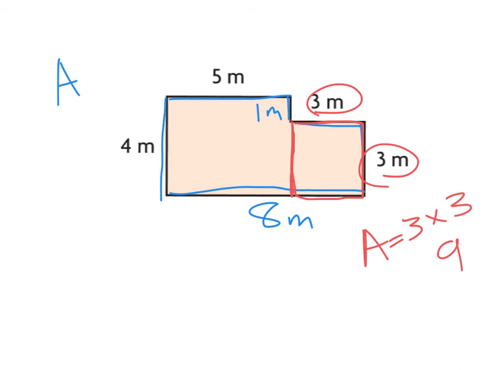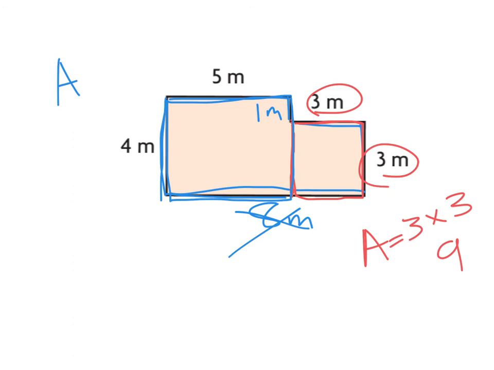I'm going to go back to my blue, though, and I'm going to say, okay, in this area, this is more of a rectangle. And so now I have to think, even though I found missing sides, I'm just looking at my blue rectangle here. And if I just look at my blue rectangle, really the 8 meters that I found doesn't mean anything.